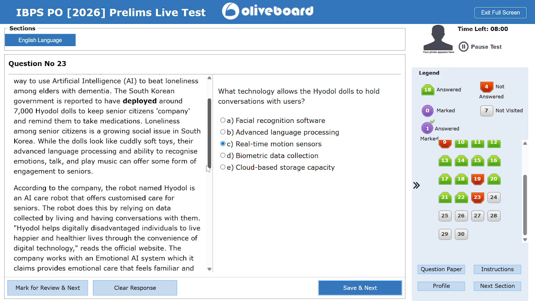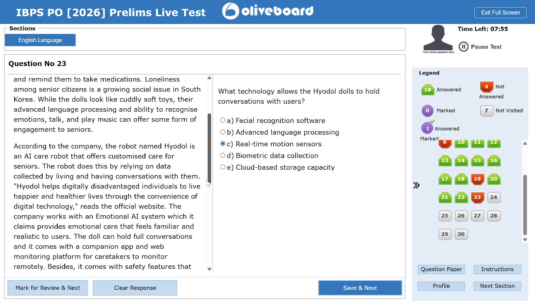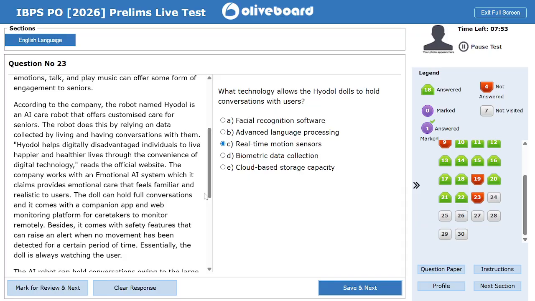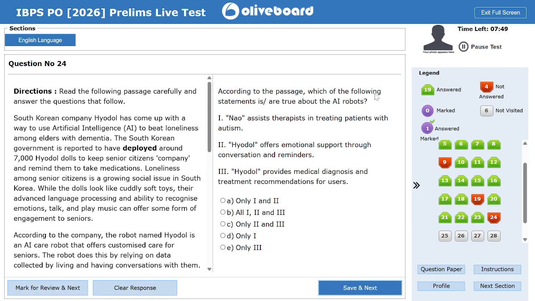Yahi to hoga na, real-time motion sensor. Adding accurate processing is true. Now assist service in treating autism. False, Idol offers emotional support, condition reminders.